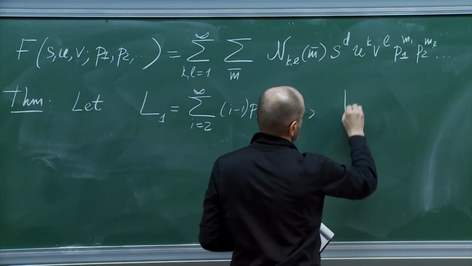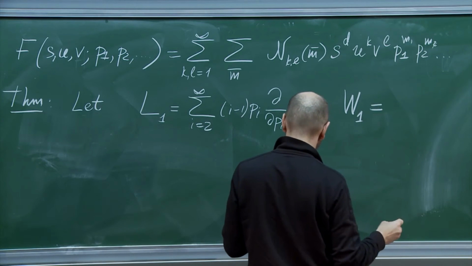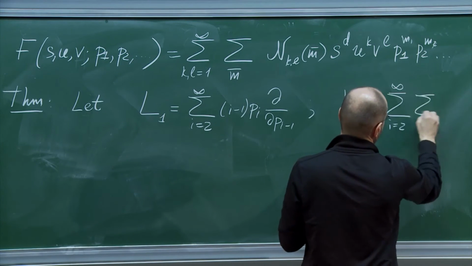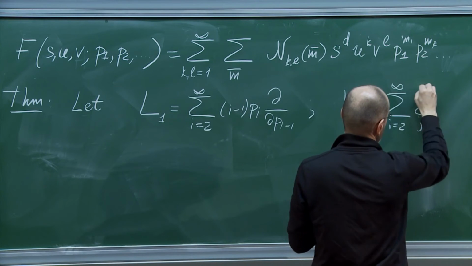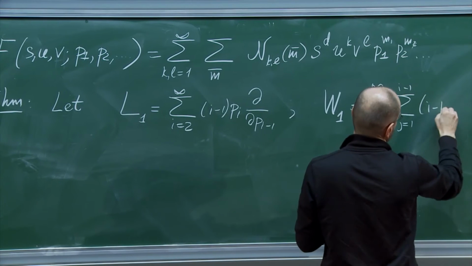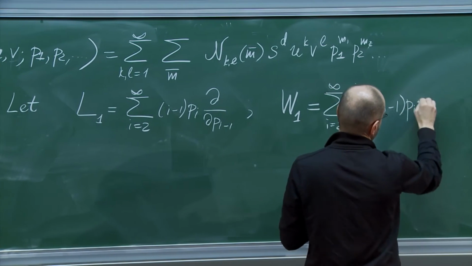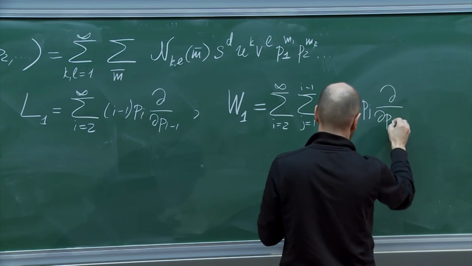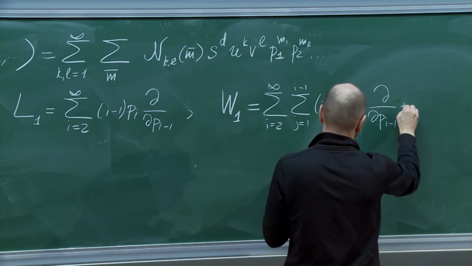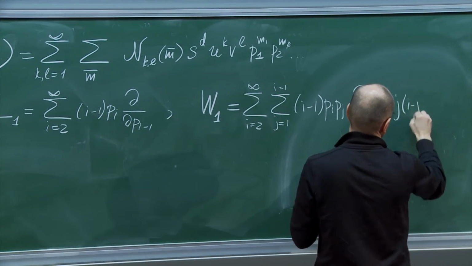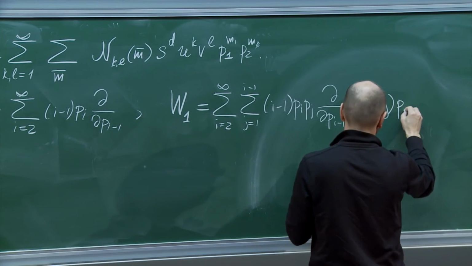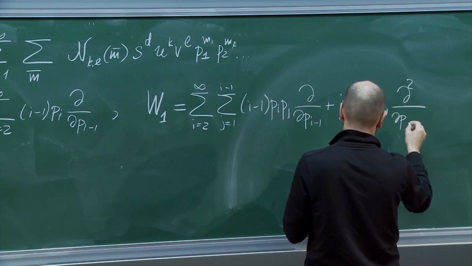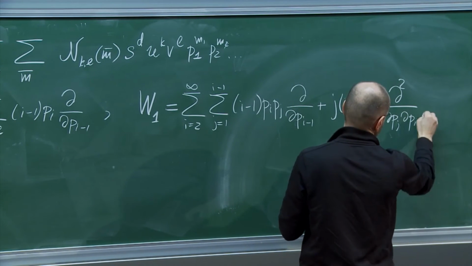And W1 is the sum over i from 2 to infinity, and the sum over j from 1 to i minus 1, of (i minus 1) p_i p_j del over del p_(i minus 1 plus j), plus j (i minus j) p_(i plus 1) d squared over del p_j del p_(i minus j).